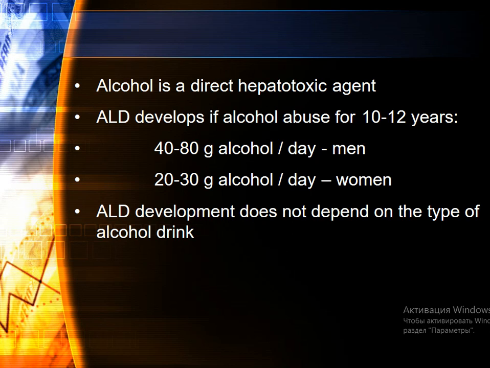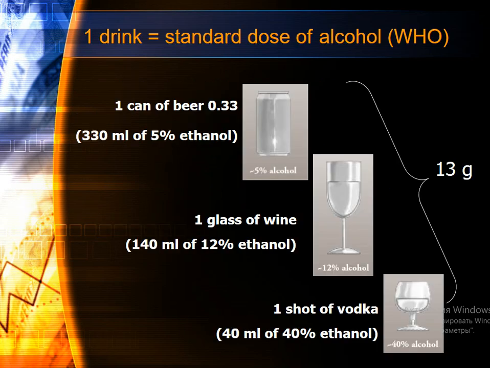Very interesting and important is that alcoholic liver disease development does not depend on the type of alcoholic drink. WHO gives a recommendation, and according to this recommendation, a standard dose of alcohol is equal to 1 drink, and this 1 drink includes 1 can of beer, 1 glass of wine, and 1 shot of vodka.